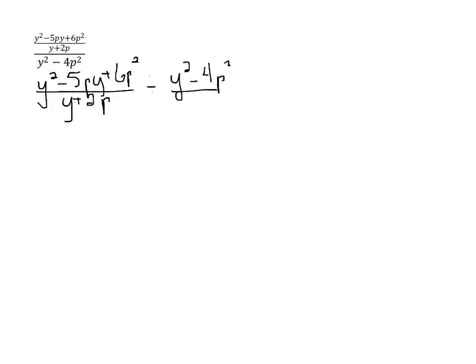You'll often see things looking like this, where it's a fraction inside of another fraction. It's still a copy dot flop sort of situation, because really what's happening is we have y squared minus 5py plus 6p squared over y plus 2p divided by y squared minus 4p squared over 1.